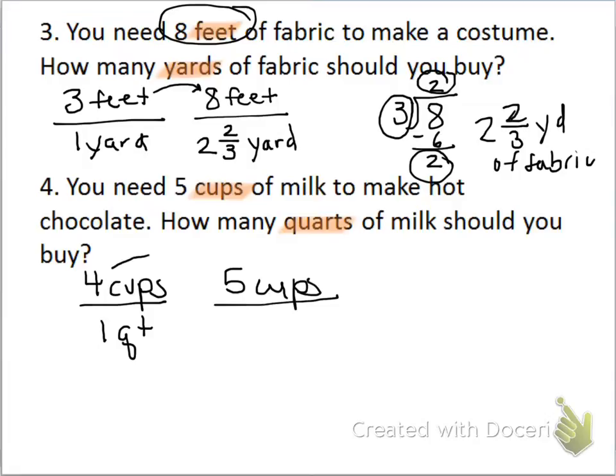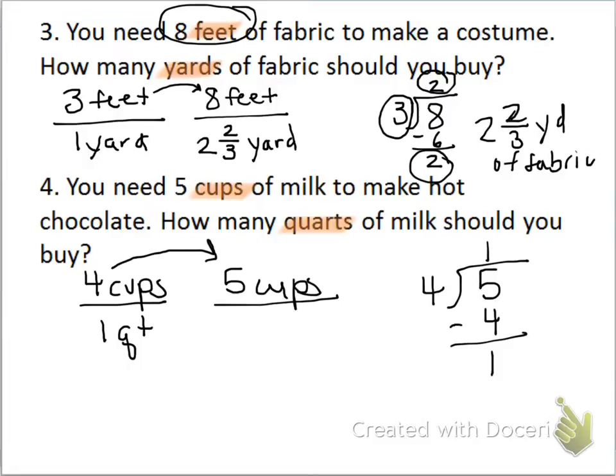So how can I go from 4 to 5 cups? Well, again, I'm going to divide to figure out what I need to multiply it by. So I'm going to divide 5 by 4. How many times can 4 go into 5? 4 goes in once, and 1 times 4 is 4. 5 minus 4 gives me a remainder of 1.